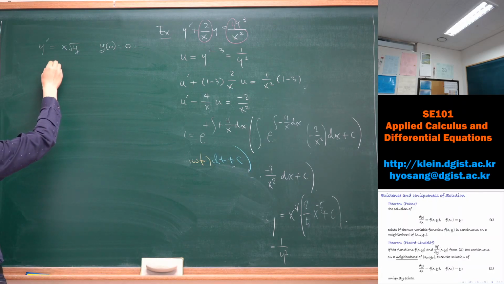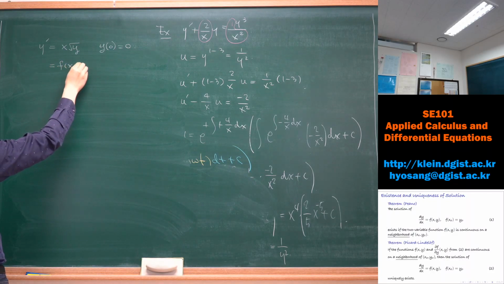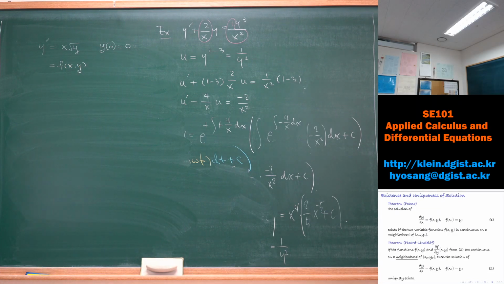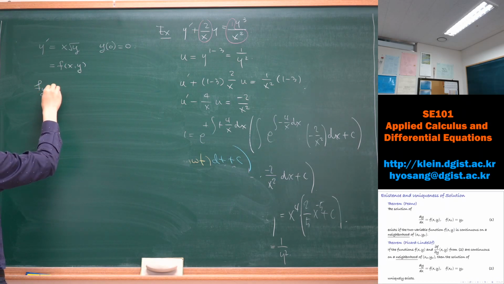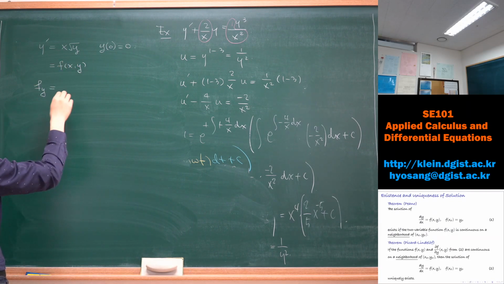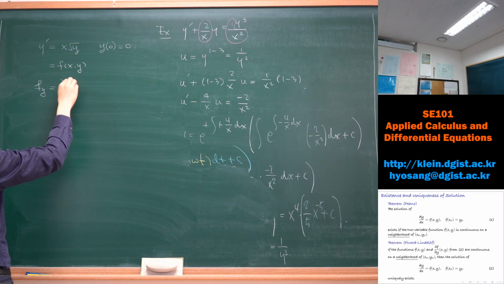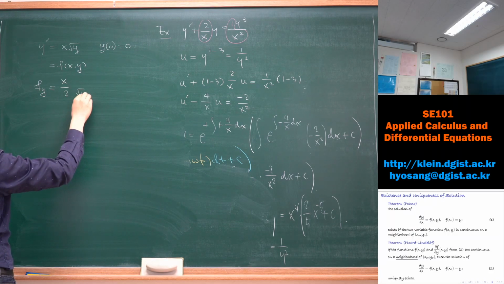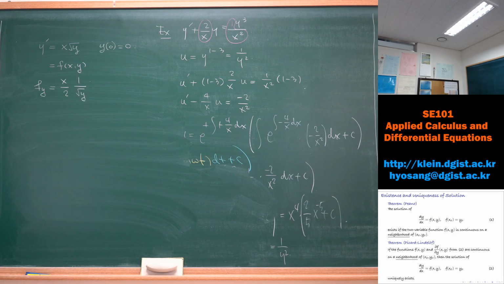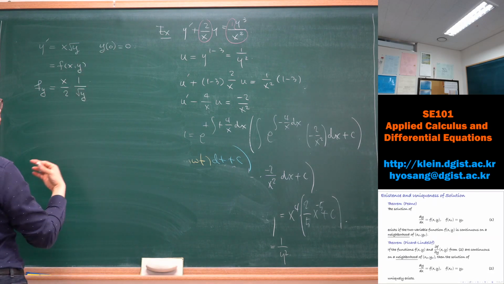This is f(x,y) in the two theorems that we mentioned. When I take the partial derivative f_y, I take x as constant and take a derivative in terms of y. So I get x over 2 times the square root of y. And you see, this formula of x and y is not defined when y equals 0.